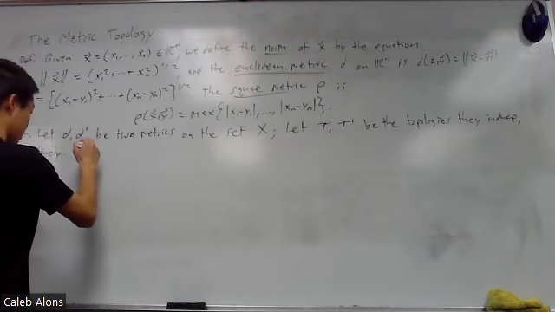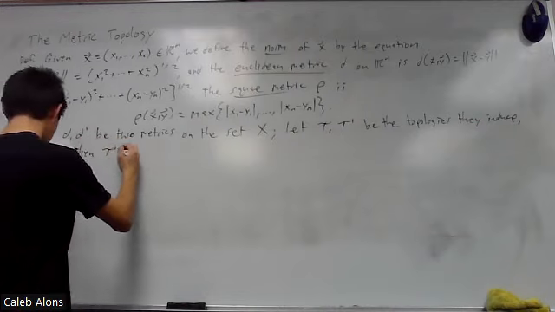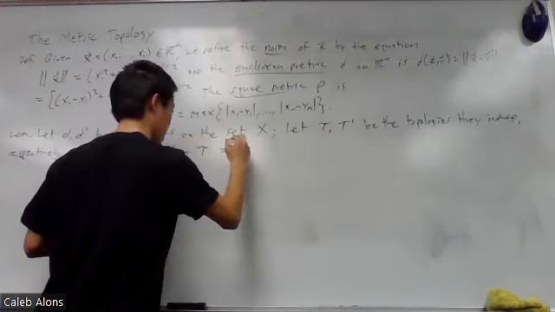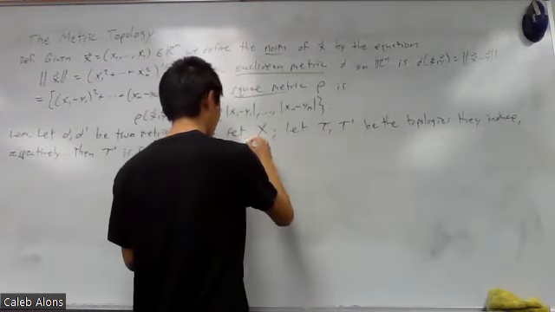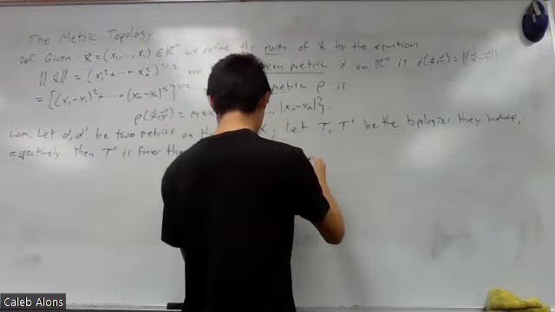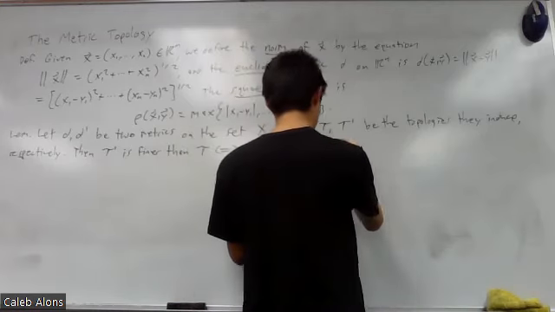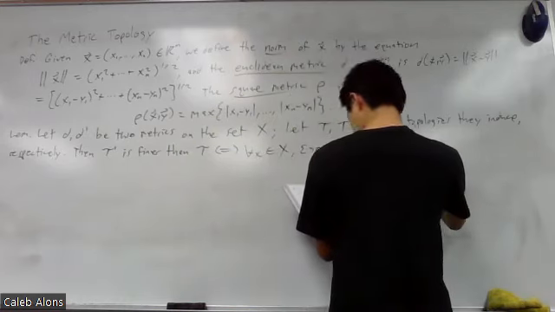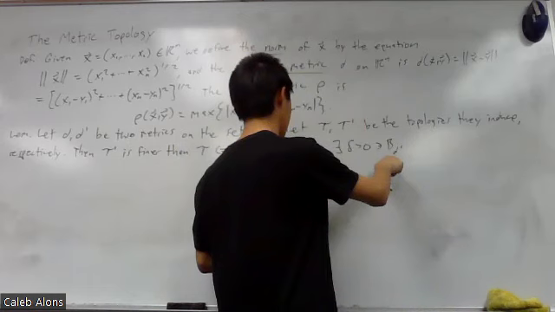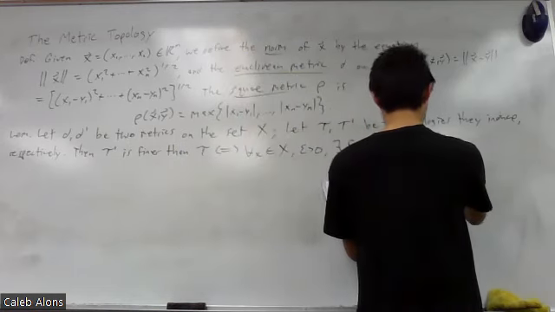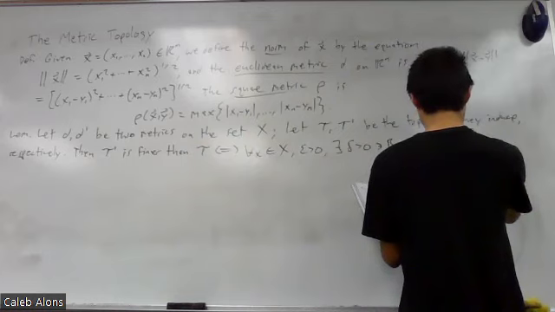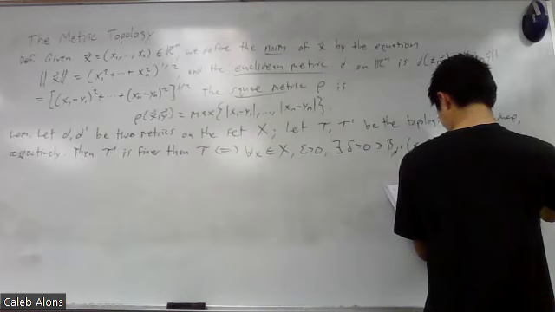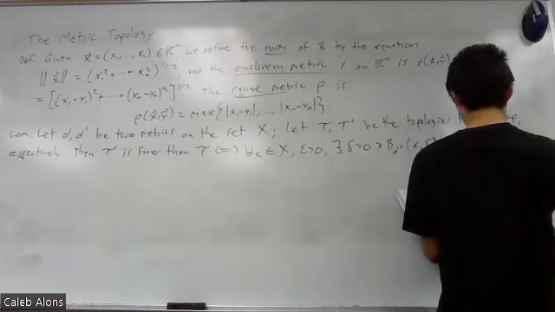Then T prime is finer than T if and only if for all points x in X and positive epsilons, there exists a positive delta such that the ball under the metric d prime centered at x with radius delta is a subset of the ball with the metric d of x with radius epsilon.